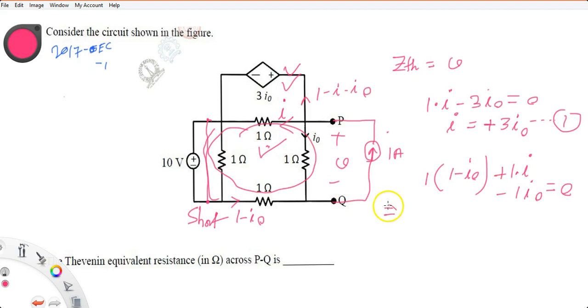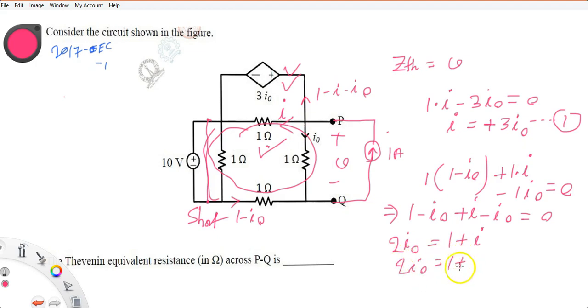So it gives you 1 minus I0 plus I minus I0 equal to 0. So 2I0 equal to 1 plus I. We have to eliminate I. So I is equal to 3I0, so 2I0 is equal to 1 plus 3I0.